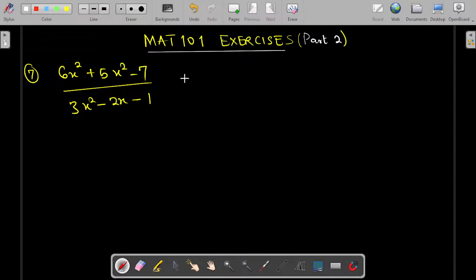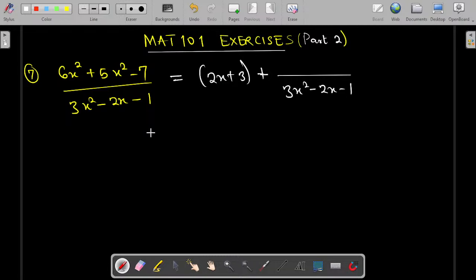In the material there is a hint where we are told that this is equal to 2x plus 3, and then plus something over 3x squared minus 2x minus 1. So we have a job now, which is to find the value of what should be up here.